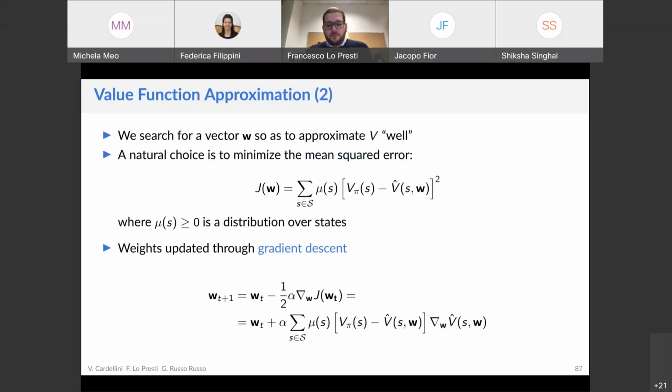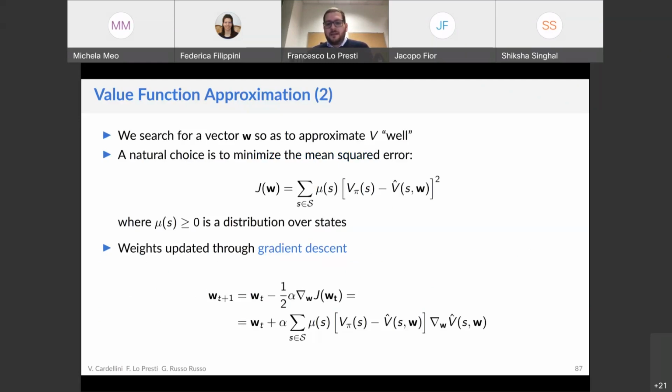So it's useful to formalize the problem a little bit. First of all, we need to define what it means for us to approximate the value function. And a natural choice is to minimize the mean squared error between the true value function and the approximate version, summed over all the states in the model.